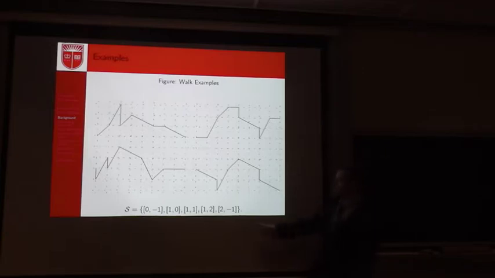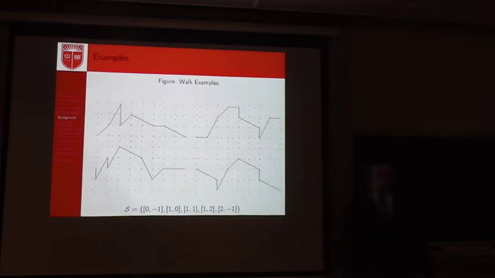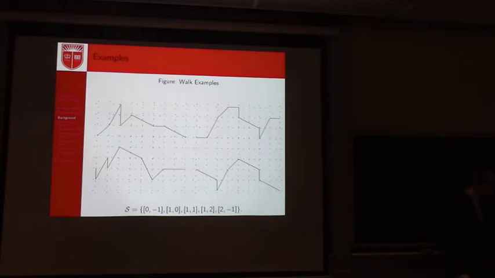And all of these are built from the steps from this step set. So that has size 8, this has size 9, this has size 9, this has size 7. Size is the number of steps to go from here to here. Length is the distance you've gone, well, the horizontal distance.